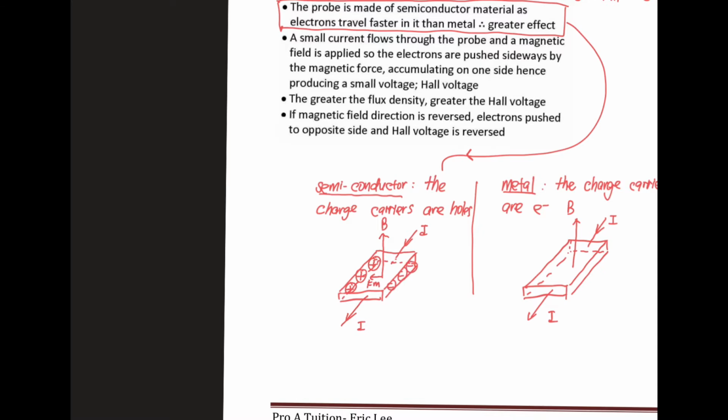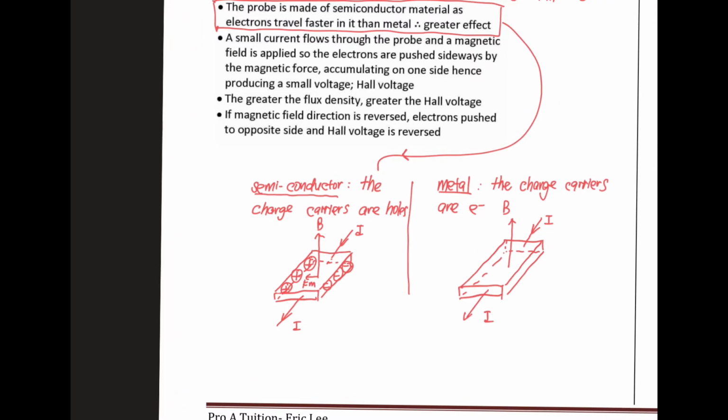If you are using metal, what happens is the charge carriers are not holes anymore, they are electrons. Electrons flow in the opposite way compared to current.